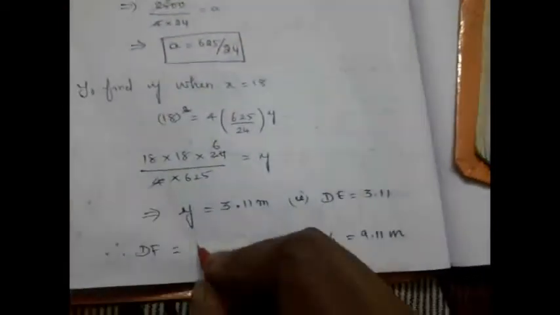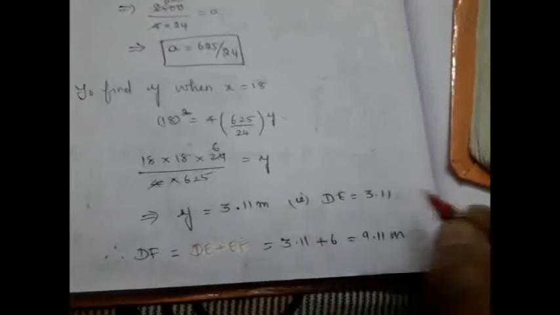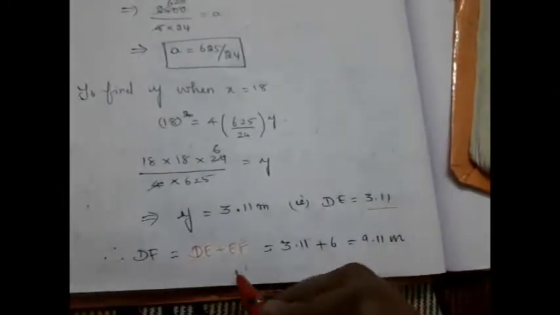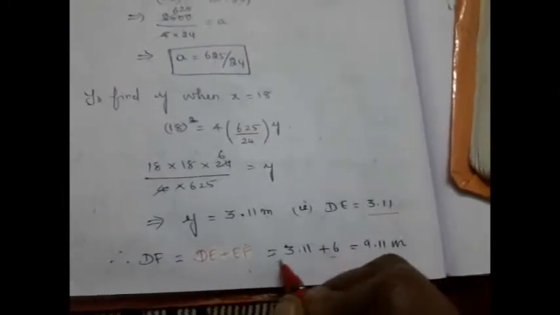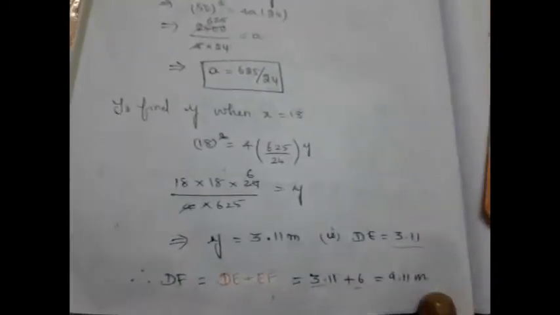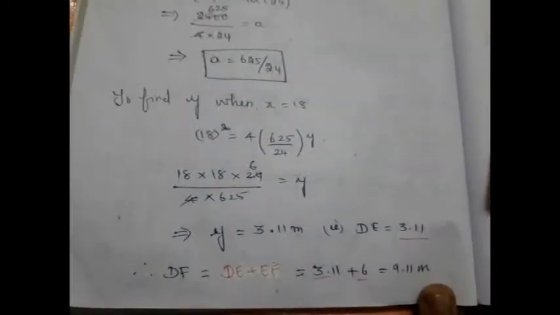As I told you, this is going to give only the DE measurement, but we need DF. DF is DE plus EF. DE is 3.11 and EF is 6 by the question. So if we add, the total length is 9.11 meter.